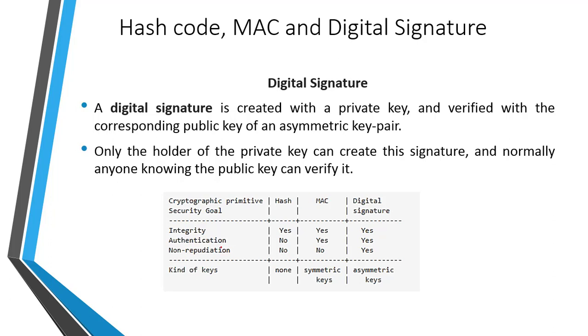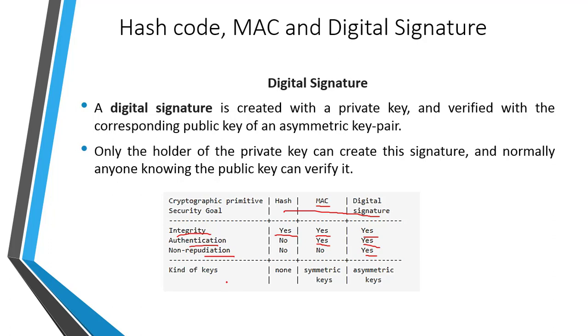So this is the differentiation between hash, MAC and digital signature by security goals. Our security goals are integrity, authentication and non-repudiation, in which hash only provides integrity, message authentication code, that is MAC, provides integrity as well as authentication, and digital signature provides integrity, authentication as well as non-repudiation.